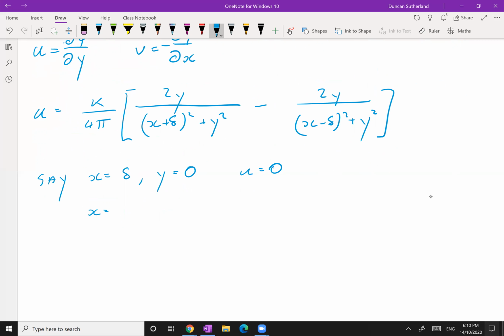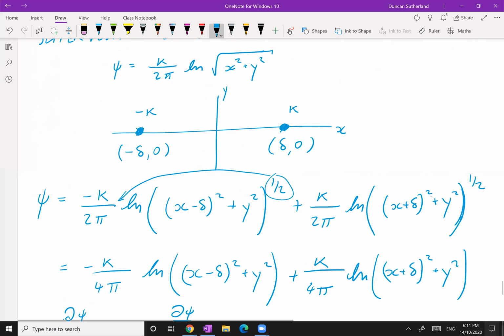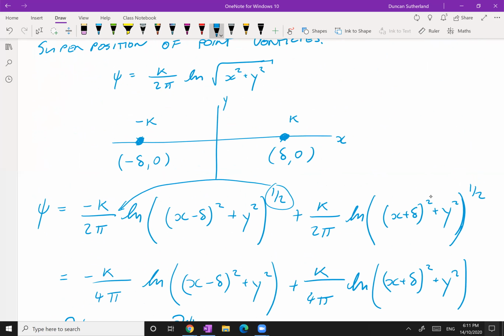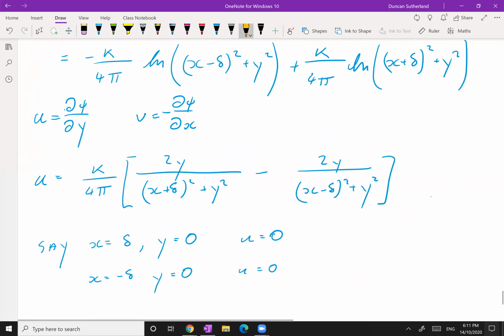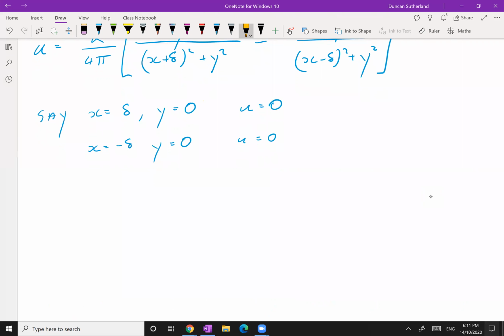And x equals minus delta, y equals 0, that's the other vortex, u is still 0. So that tells us that there's no flow in this direction. There is 0 flow this way. That's what we've deduced by computing those velocities at the vortex centers here.